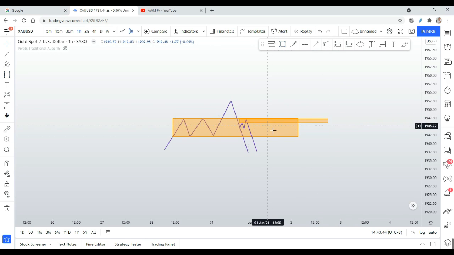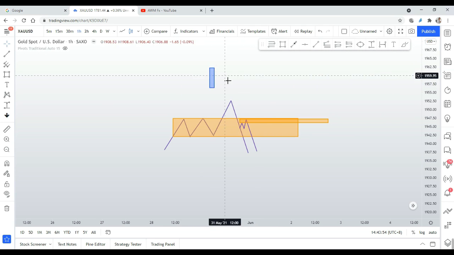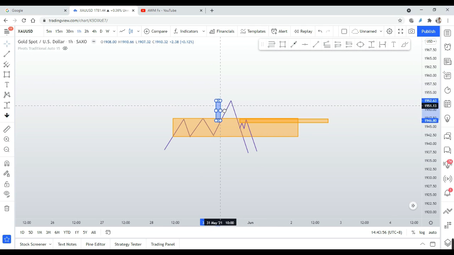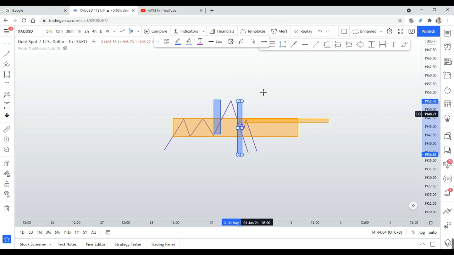Not only that, if you switch it to a higher time frame, what does this look like? All right, let me change some of the color. This looks like this. And then over here, it will look like this.